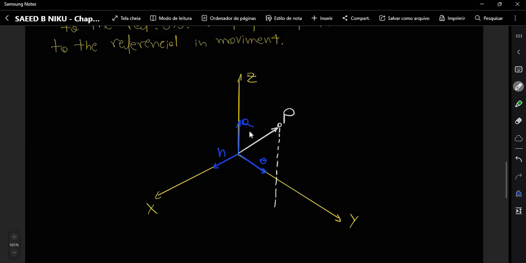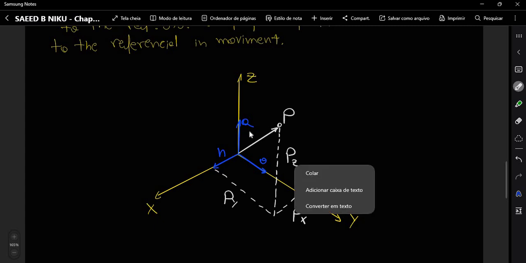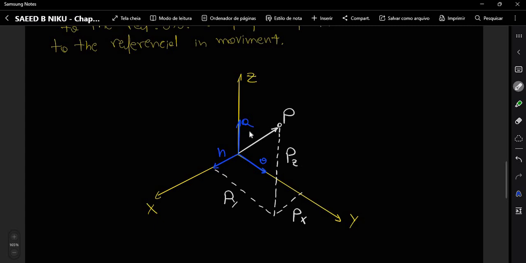So if you do this process, you will be able to find the coordinates on the XYZ system of this point: Px, Py, Pz. Okay.